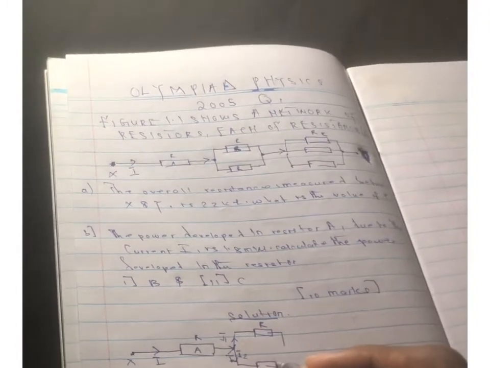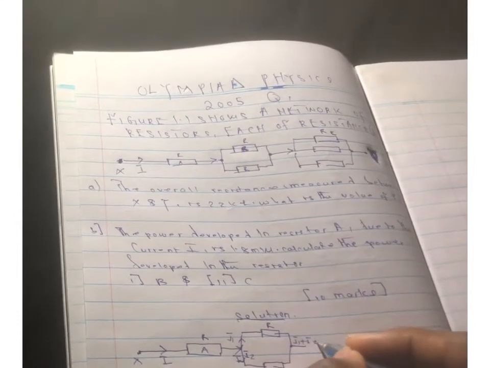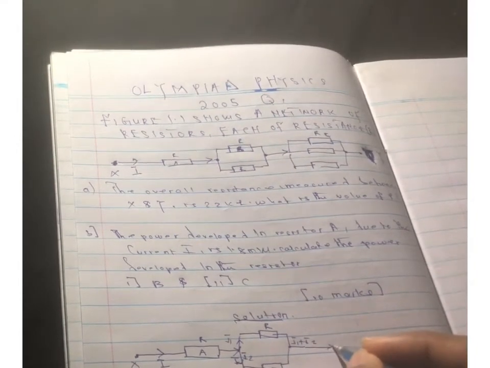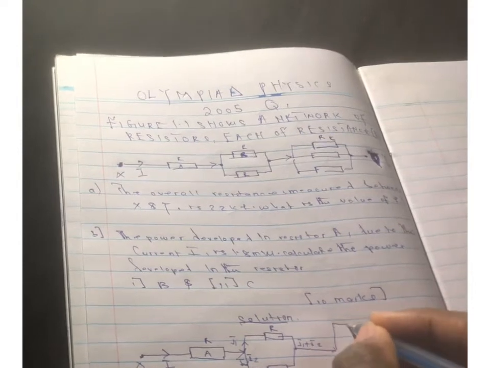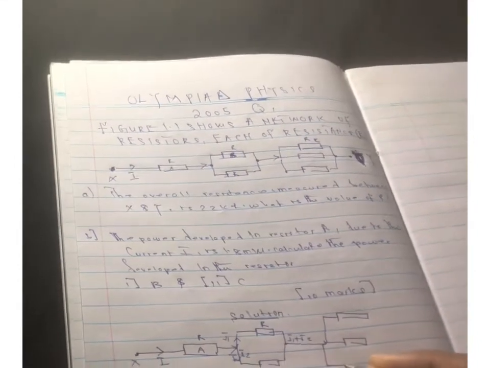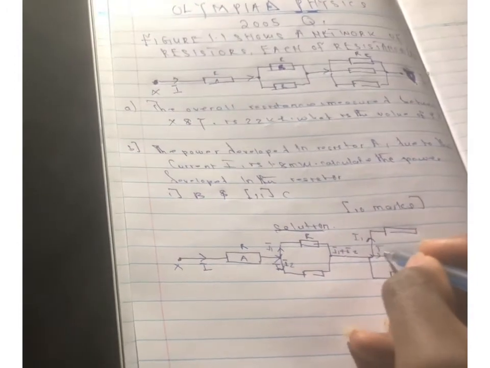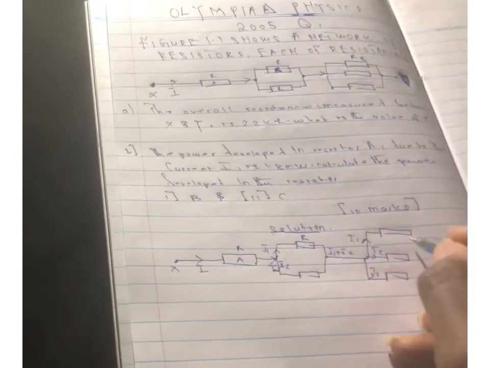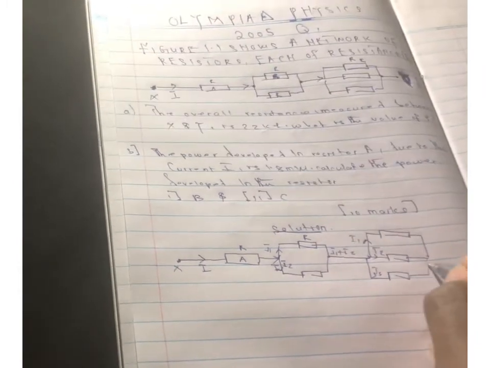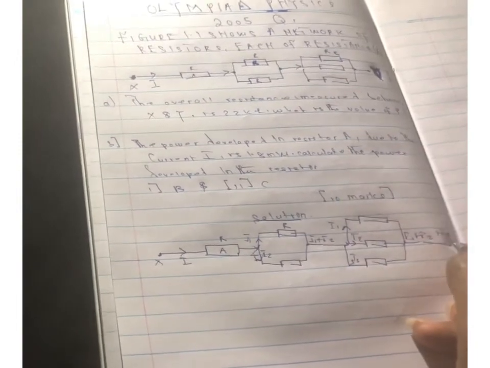Then both of them come together, I1 plus I2, which now go to this resistor, then to this resistor, then to this resistor, which we can call the current here I1, the current here I2, and the current here I3, so that they come out as I1 plus I2 plus I3, then to this point Y.